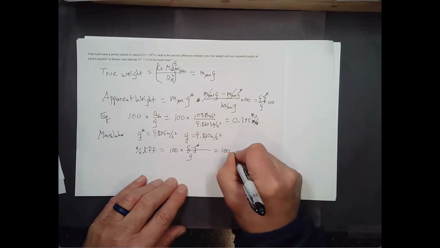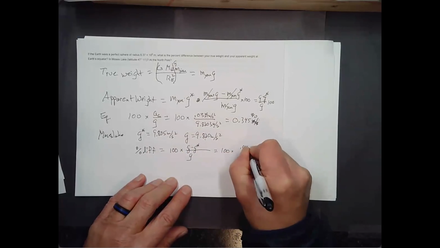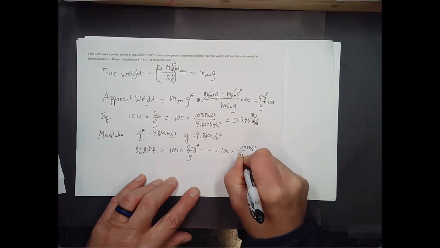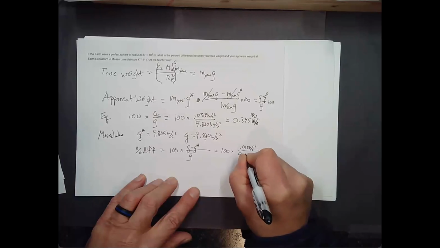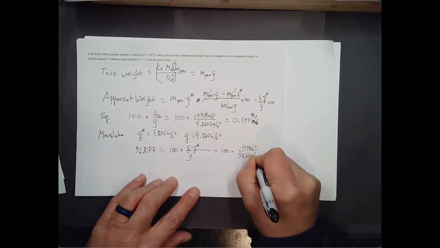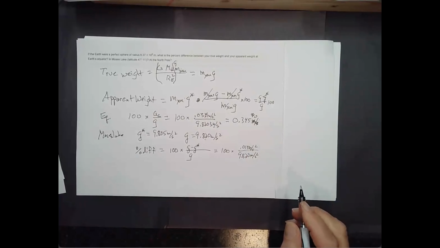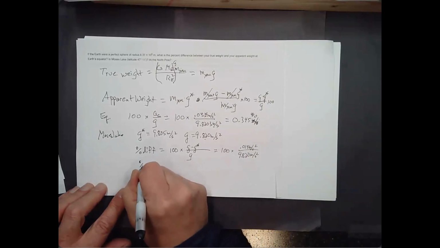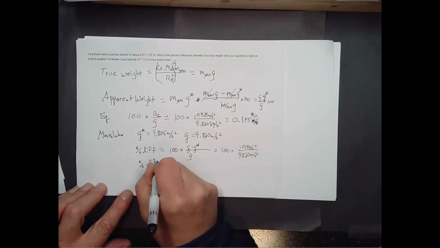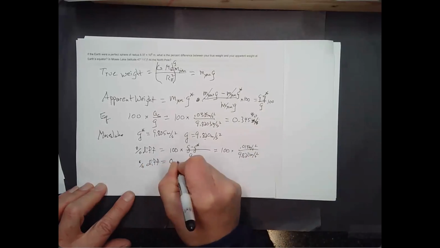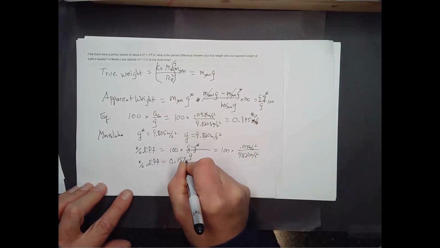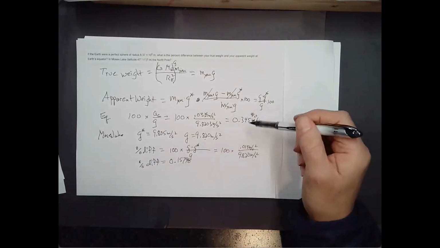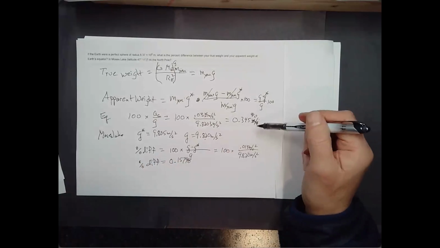So 100 times 0.015 meters per second squared divided by 9.820 meters per second squared. And whatever that turns out to be at Moses Lake, percent difference, it's 0.157%. So roughly half or less than half of what it was at the equator.